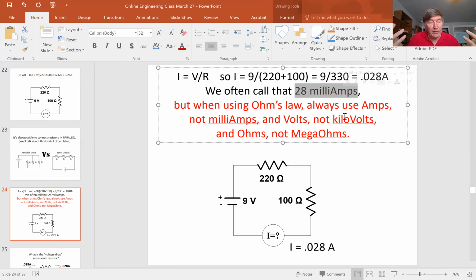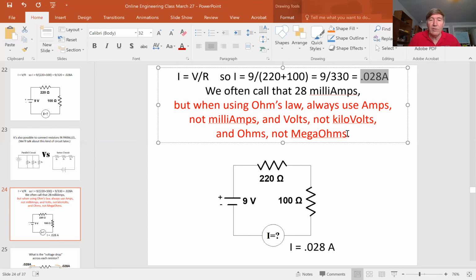I trust that in your other classes you've done unit conversions, right? So if I wanted to measure something and it was 28 millimeters long, that would be the same thing as 0.028 meters. So millimeters, milliamps, they work the same way.